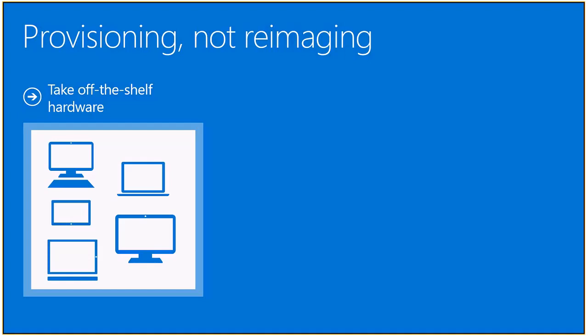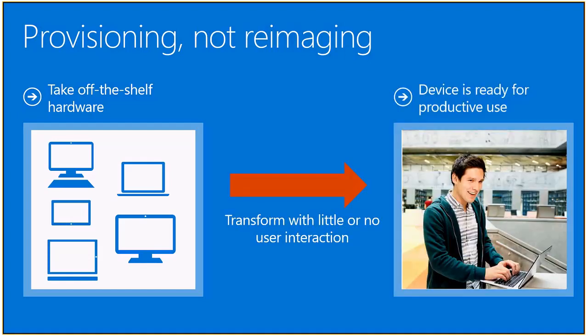And those provisioning packages do just what I described earlier. They take the OS that's already on the device, do a little bit of transformation with it that may or may not involve the end user actually doing anything, and then bring that device up to a state that's ready for productive use within that environment.